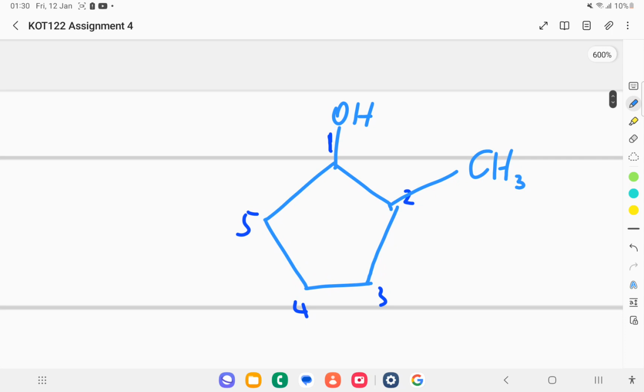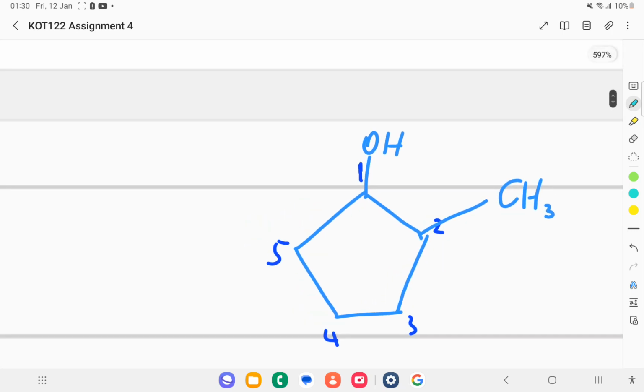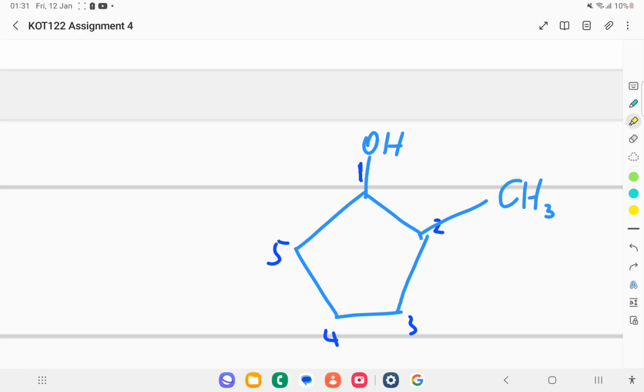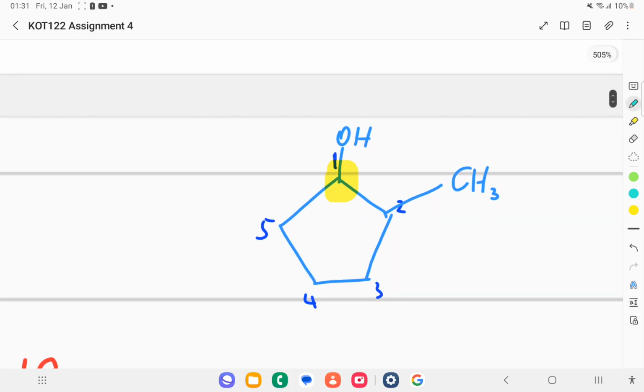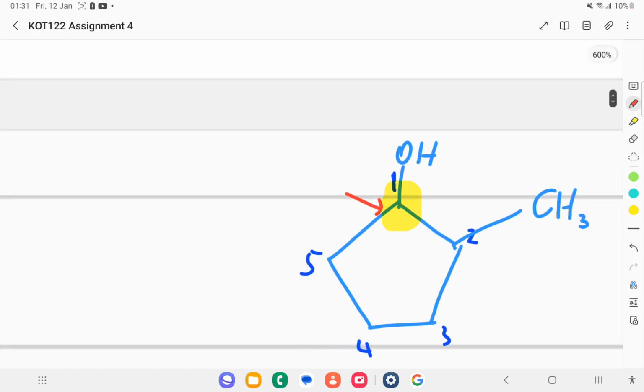Here I will stress that the first carbon has the OH. This carbon is bonded to OH, so we call this carbon the alpha carbon.